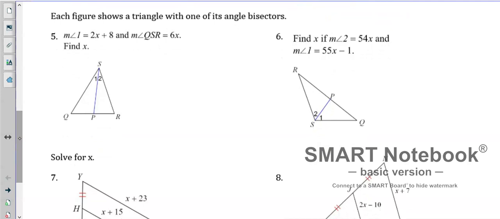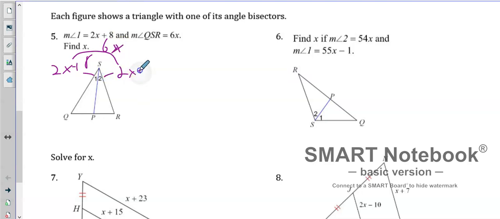All right, each figure shows a triangle with one of its angle bisectors. So it says here angle 1 is 2x plus 8. It says QSR, which is the whole overall angle, is 6x. Be careful, angle 2 is not 6x.